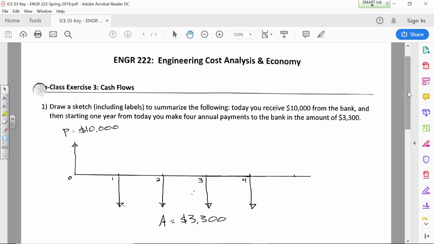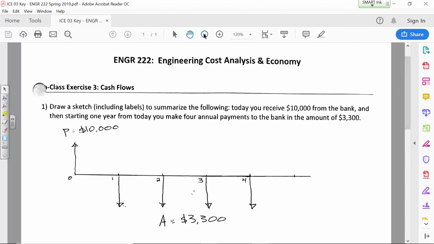So that means that time 0, when we get this money, is a line that's upward, and then you can see that there are 4 downward arrows in the amount of 3,300, and that's an annual series, so that's an A. Any questions about this first one?